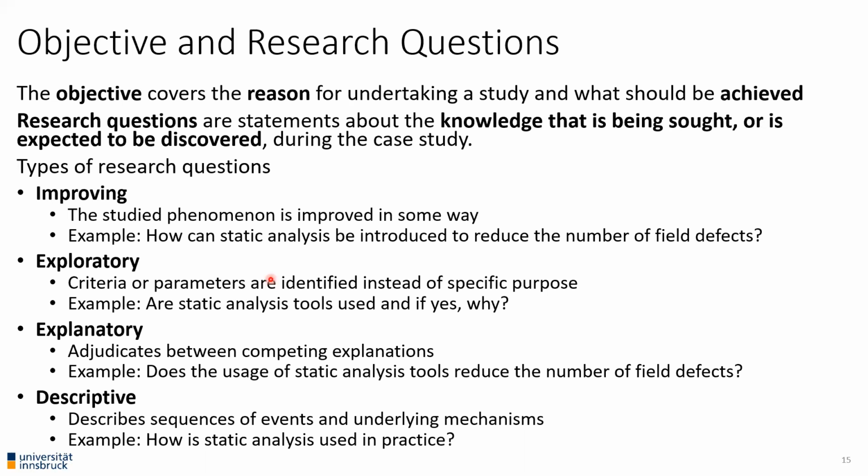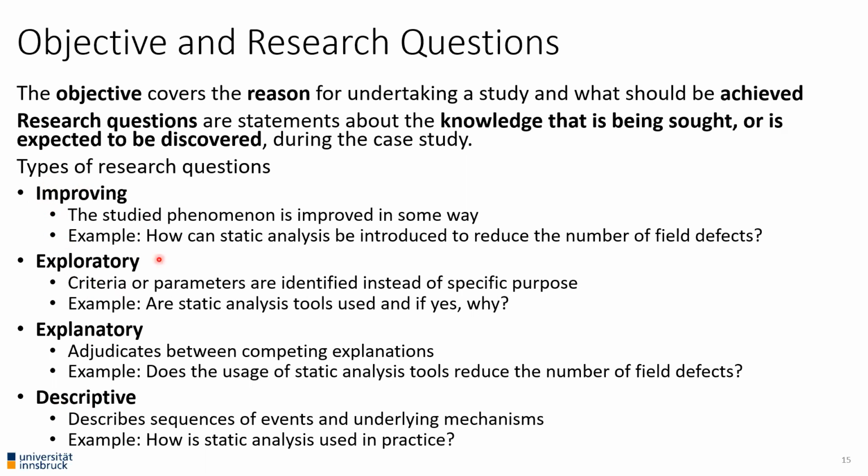Yes, let's start with the objective and research questions. I think this is something you're already familiar with in principle. So you define an objective, for this example that you want to investigate static analysis in practice, and then you define research questions, which can in principle be of four types: improving oriented, exploratory, explanatory, and descriptive.